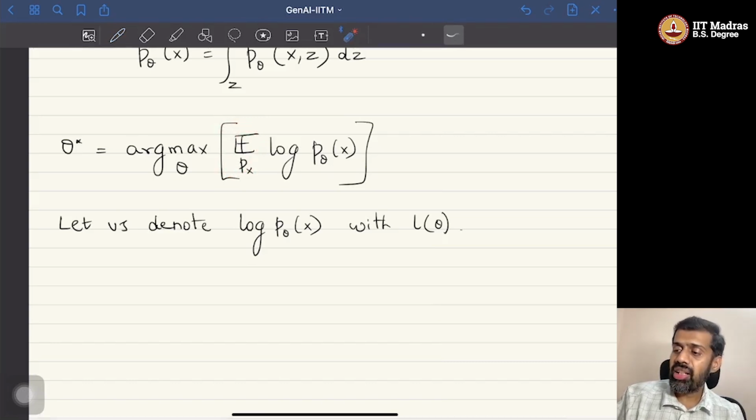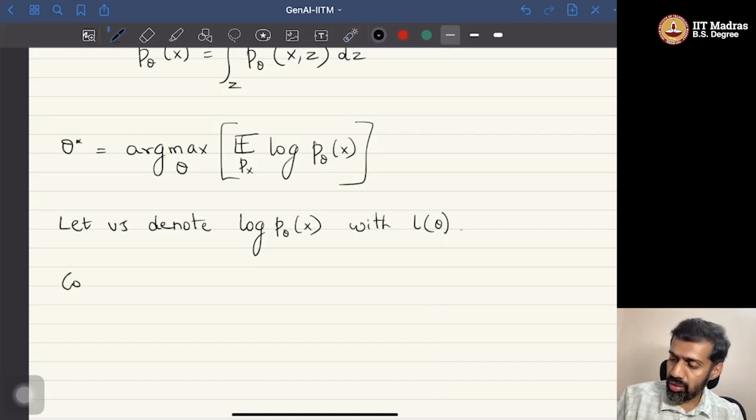Once we complete deriving the procedure for maximizing the log likelihood L theta, we would write down the expectation with respect to px separately outside, because expectation is a linear operator. Please note that the expectation is with respect to px, which has nothing to do with the parameters theta. So we can take this expectation outside of the optimization: we optimize the log likelihood for one data point and then write the expectation outside of the maximization operator.